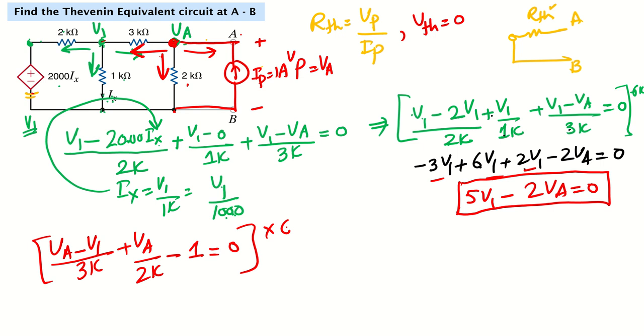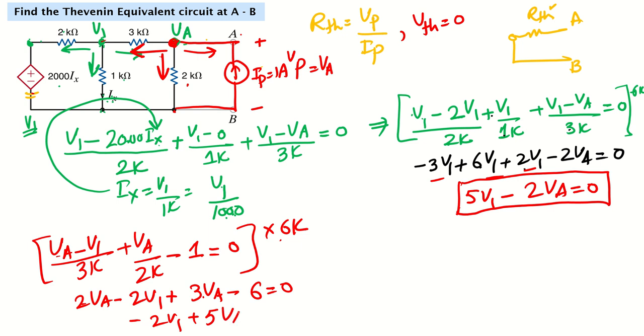So 2 times VA minus 2 times V1 plus 3 times VA, minus 6 is equal to 0. So minus 2 V1, 3 plus 2, 5 VA. The 6 goes to the other side.